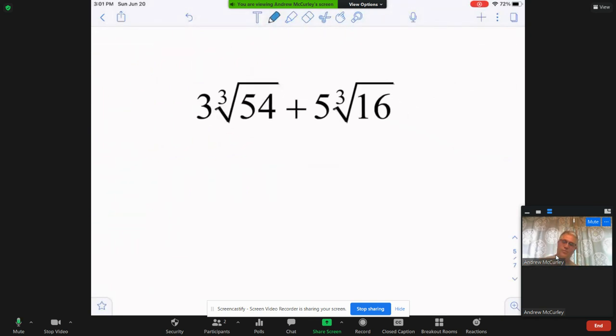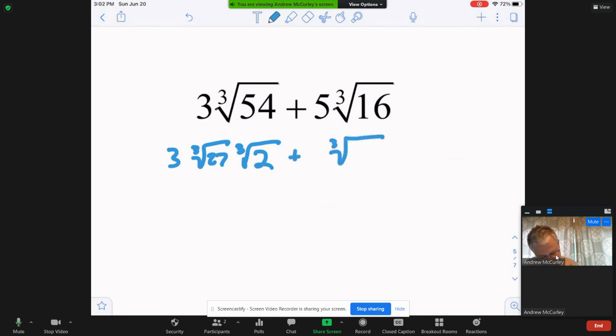All right, cube roots. Ooh, what's the cube root that goes over there? Let's see, 54, let's see. 27 is cube root, right? So 3 cube root of 27, cube root of 2, right? 2 times 27 is 54. So that's a pretty good one. Next one, cube root of, let's say 8, cube root of 2.